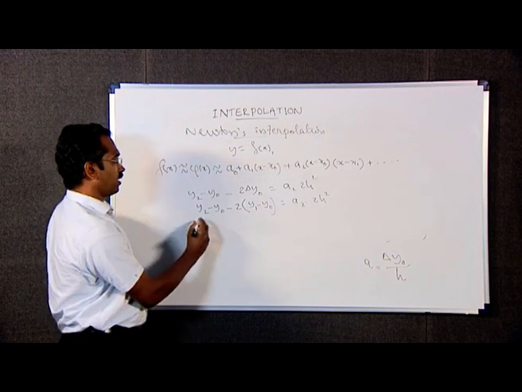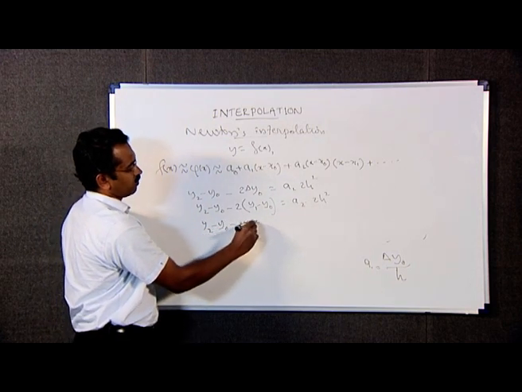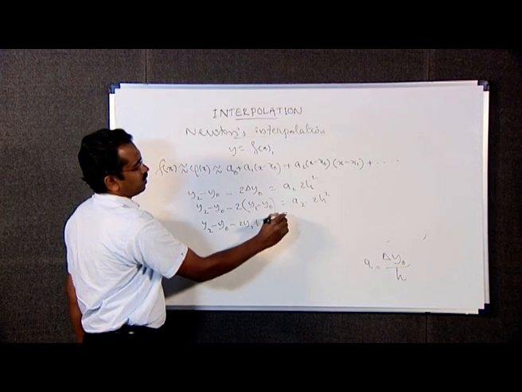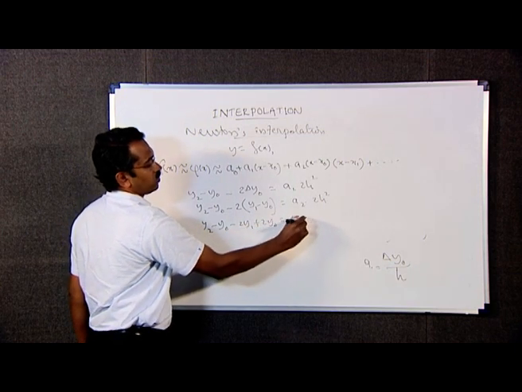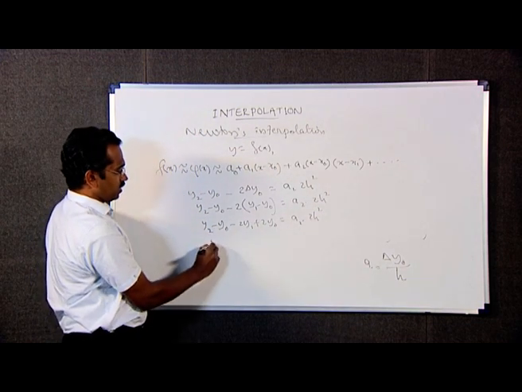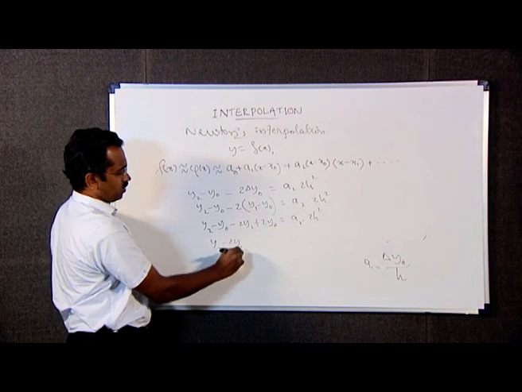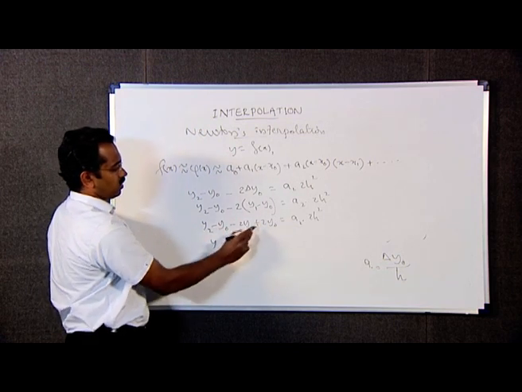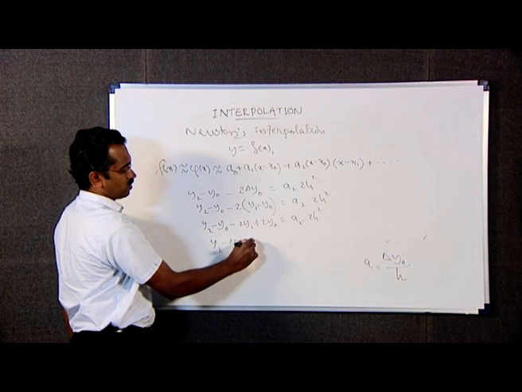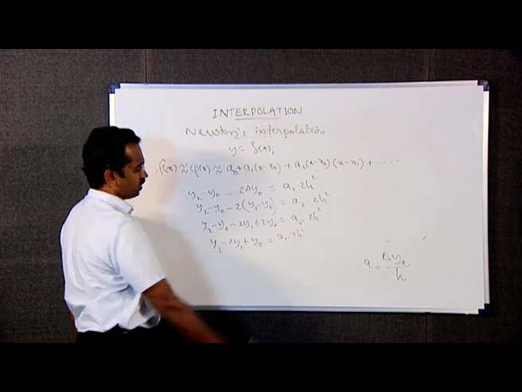That is y2 minus y naught minus 2 y1 plus 2 y naught is equal to a2 into 2h square. That is y2 minus 2 y1, plus 2 y naught minus y naught is y naught, is equal to a2 into 2h square.